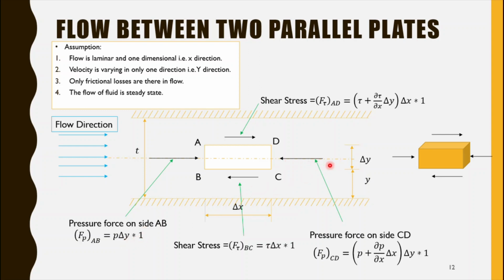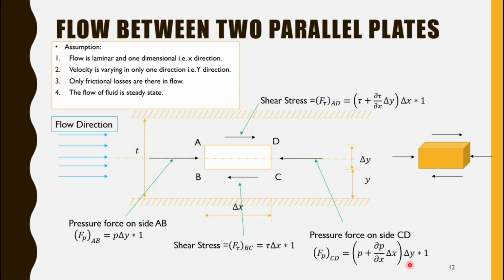Similarly, from the other direction, pressure into area on CD, whose height is delta y with depth 1. So the pressure force in this direction becomes P plus del P by del x into delta x, times the area, delta y into 1.